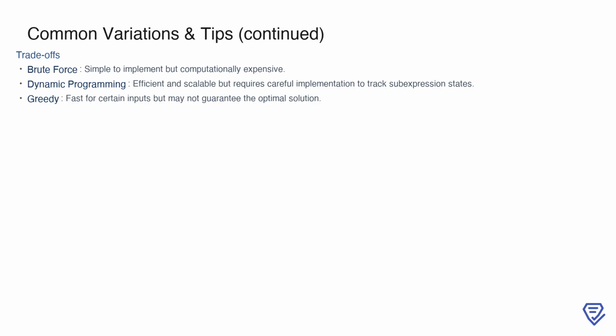Finally, the greedy approach is incredibly fast for certain inputs and can provide quick approximations. However, it does not guarantee an optimal solution, so its usefulness depends on the specific constraints of the problem. Understanding these trade-offs is key to selecting the right approach for the situation and explaining your choices effectively in an interview setting. Make sure to balance simplicity, efficiency, and correctness when deciding on a strategy.